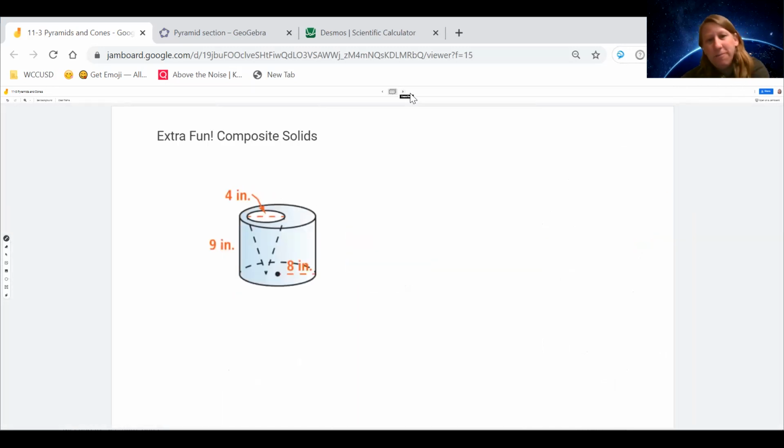This one's fun too. What's the volume of the cylinder with the cone cut out of it? And this is the same type of problem, except you're subtracting the volumes. So we're going to do the volume of the, I don't even know what to call it. It would be like the space between the cone and the cylinder.